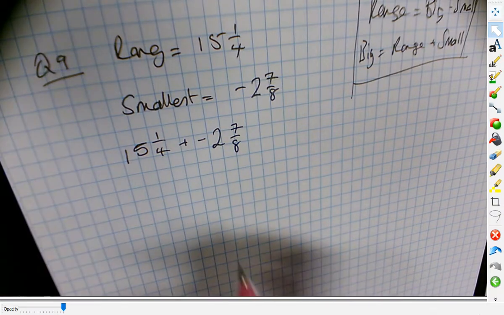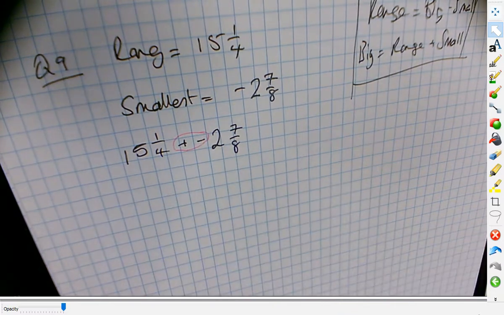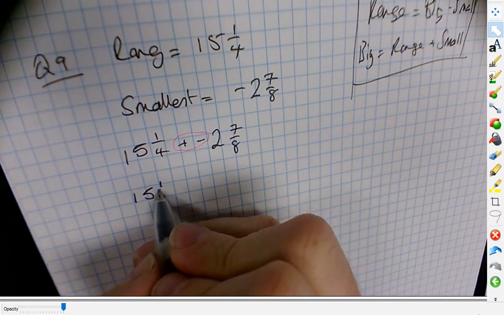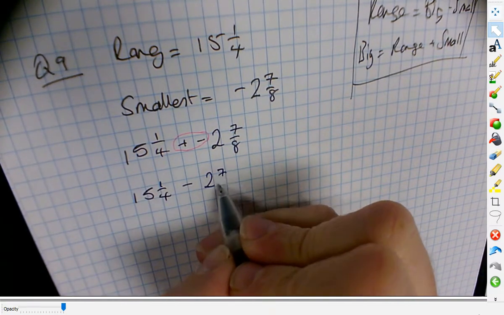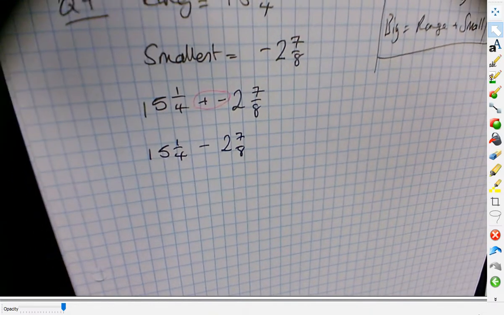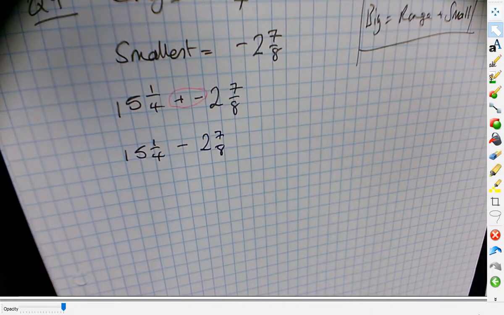This bit here looks odd, but we know how to deal with that. We replace that plus minus bit with just a minus. So I get 15 1/4 take away 2 7/8. And then I've got to do mixed fraction work.